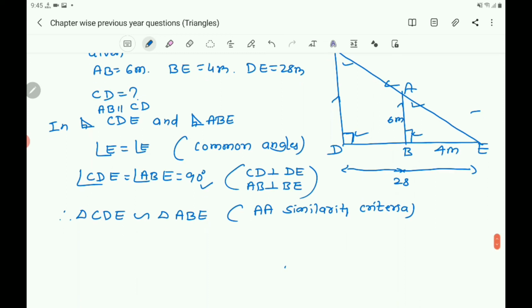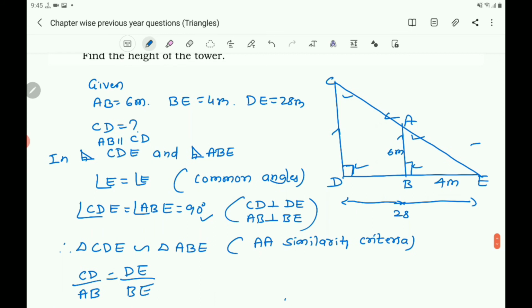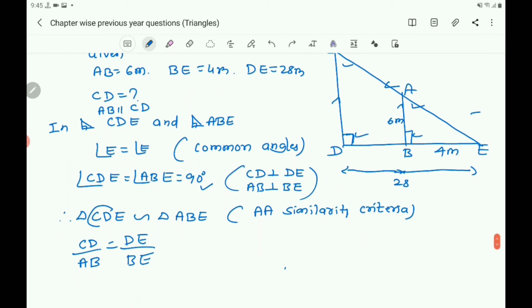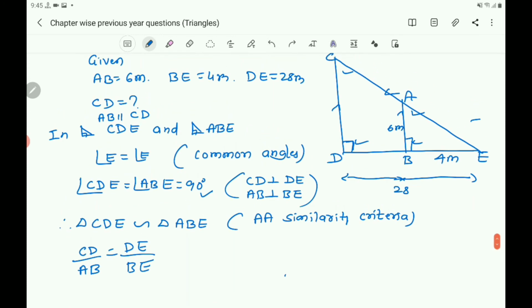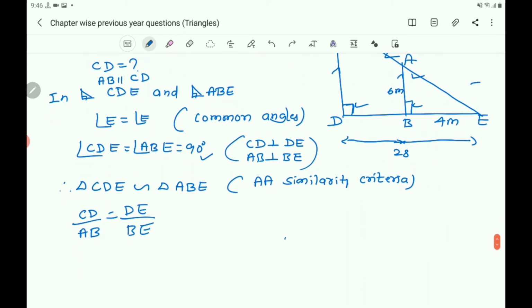Once you got that the two triangles are similar, their corresponding sides are proportional. So you take CD by AB equals DE by BE. The sides of the triangle CDE are proportional to the sides of the triangle ABE. So CD we have to find out.